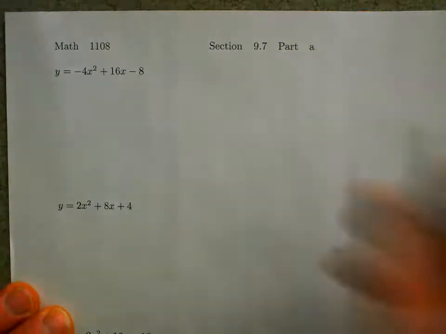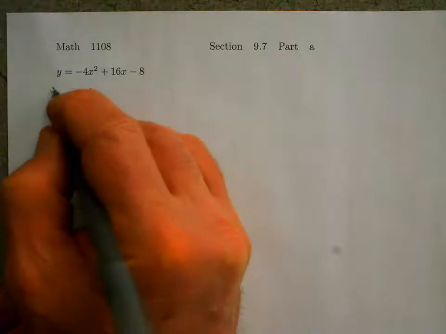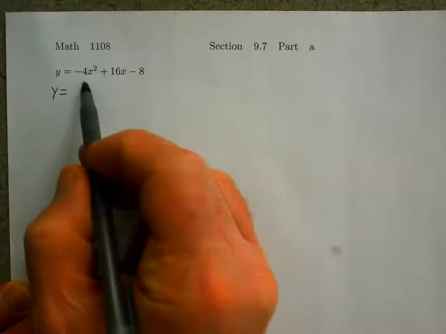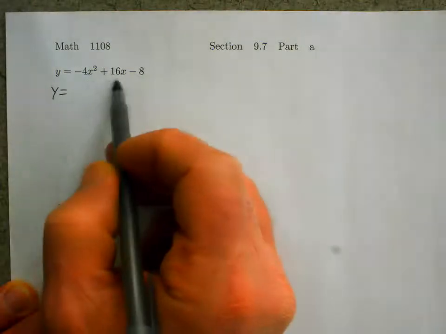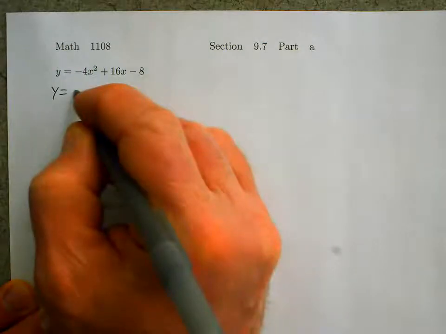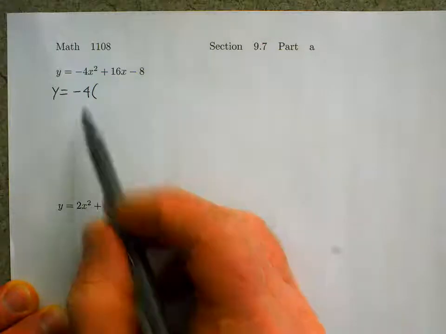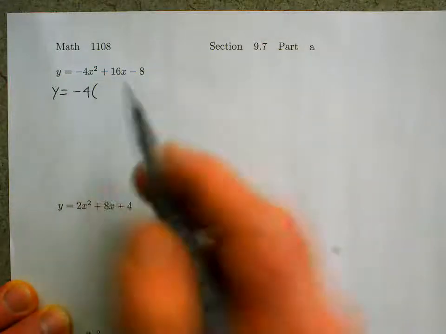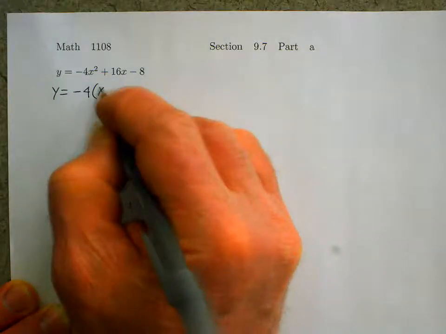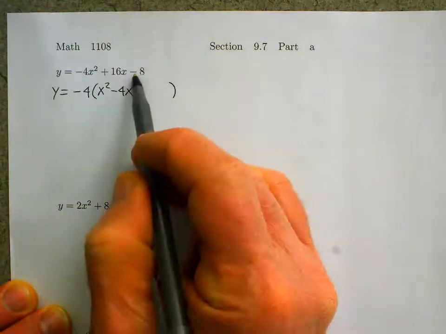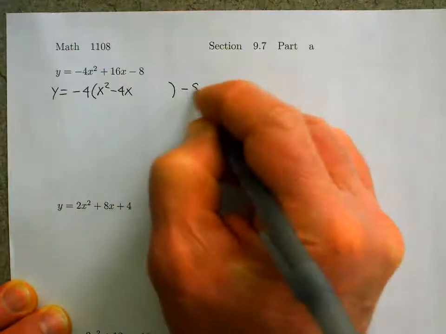To get it into vertex form, factor negative 4 out of the x squared term and the x term. Or factor negative 4 out of the first two terms, so we're left with x squared minus 4x. But leave the minus 8 on the outside of the parentheses.